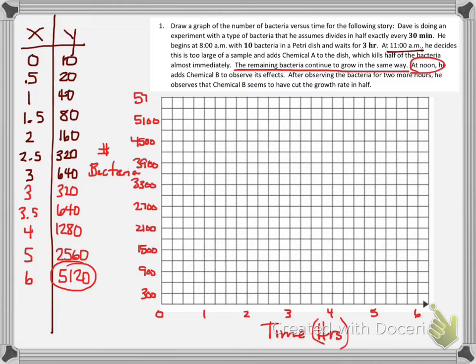So I get up there, and all of my data is going to fit on my graph. Feeling good about it. All right, now I just need to plot some points.